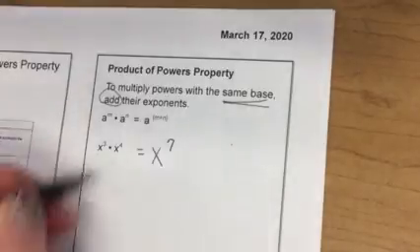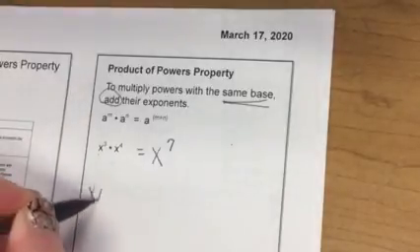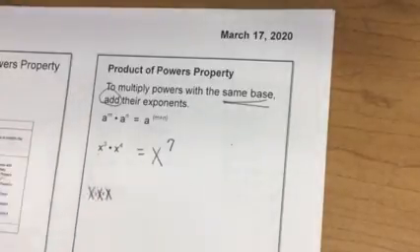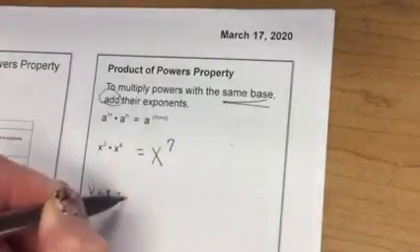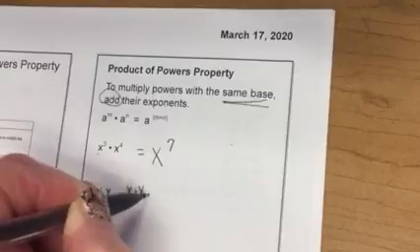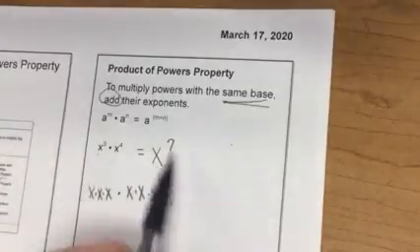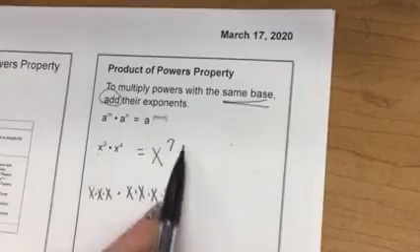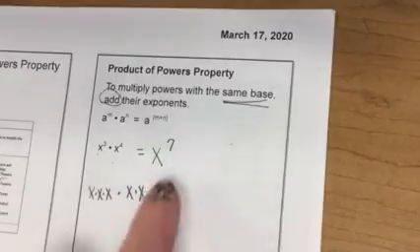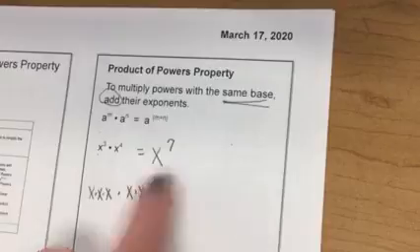We can prove that because x to the third is x times x times x, and x to the fourth is 4 factors of x. Together I have 7 factors of x, x to the 7th power. There's my shortcut, just add the exponents.